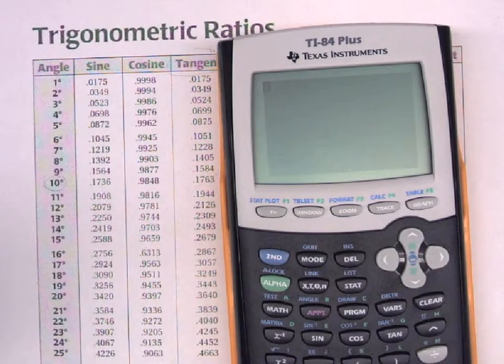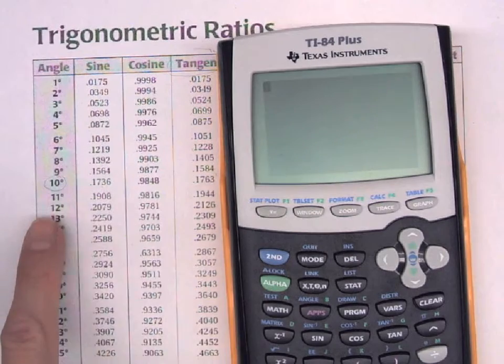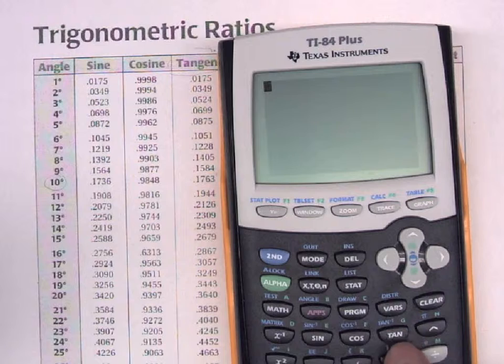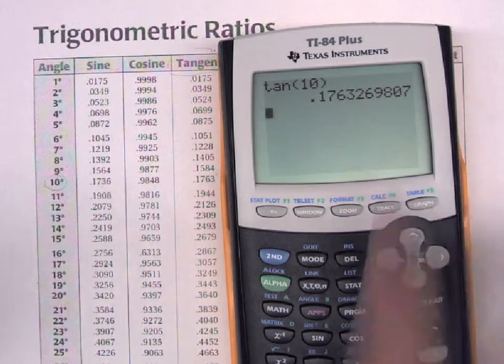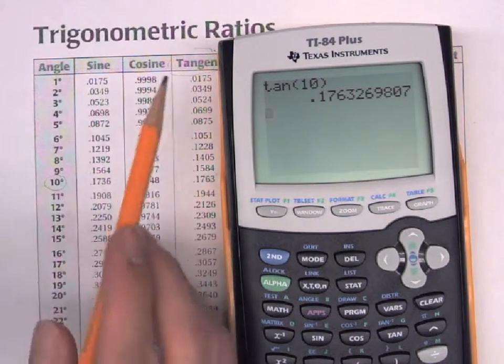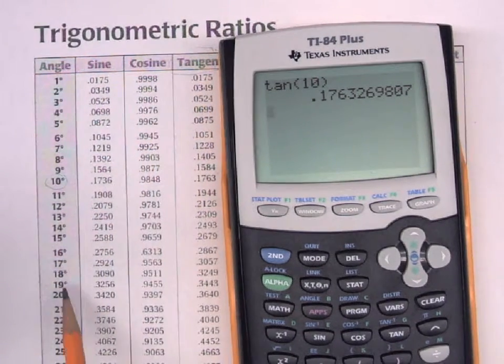Anyway, the tangent of 10 we said is 0.1763. So if I type in tangent of 10, it should be 0.1763. For example, let's say I want to find the tangent of 19 instead.